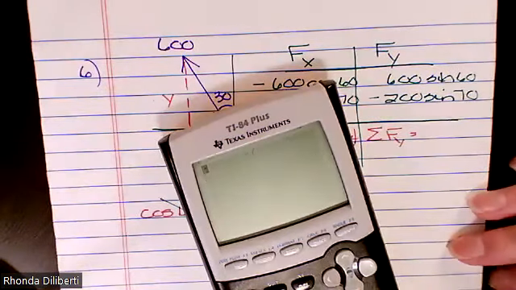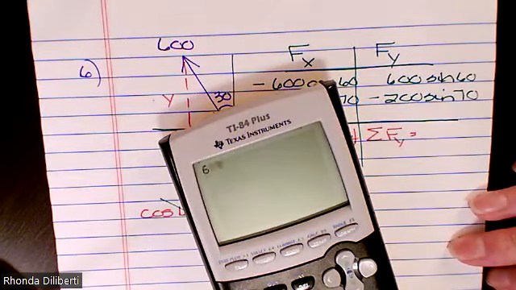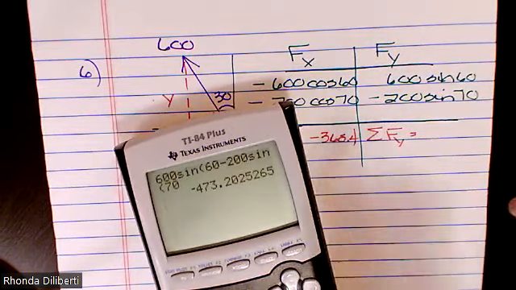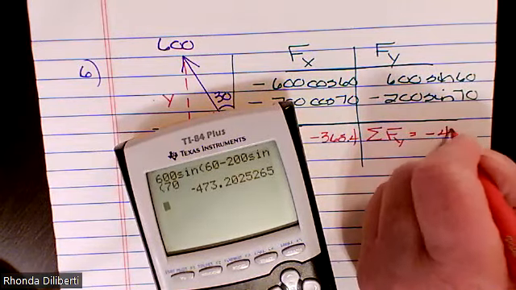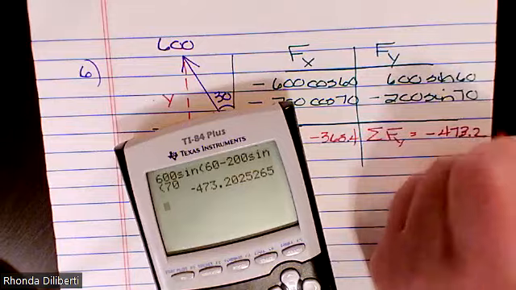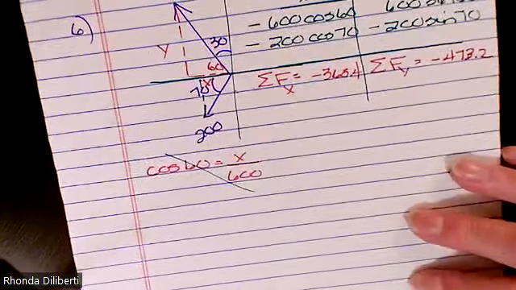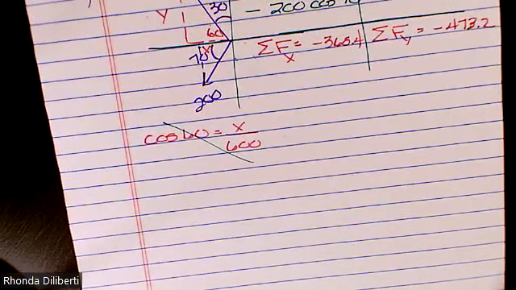And then the y's, I get 600 sine of 60 minus 200 sine of 70. And I get minus 473.2. All right, once we have the net x and y component, we can now graph it out.